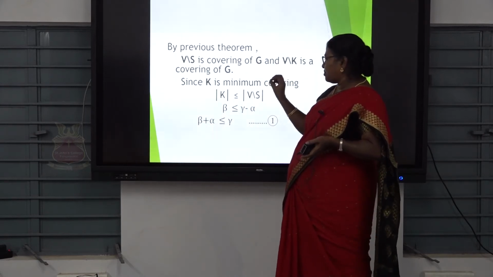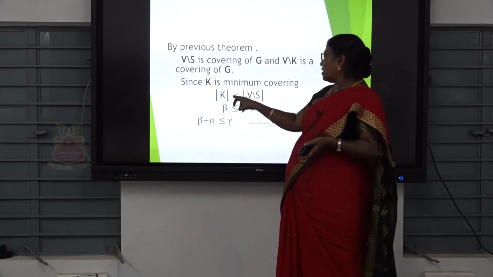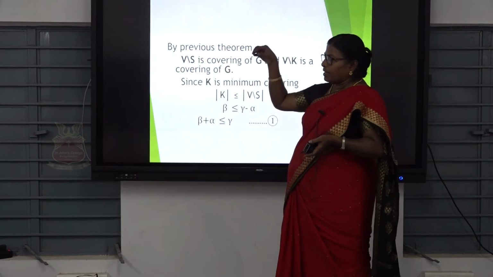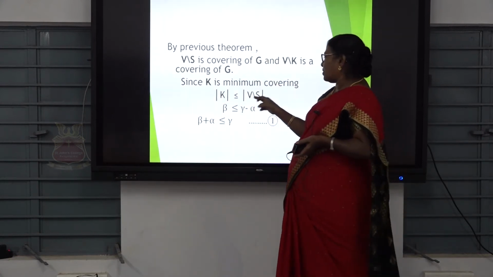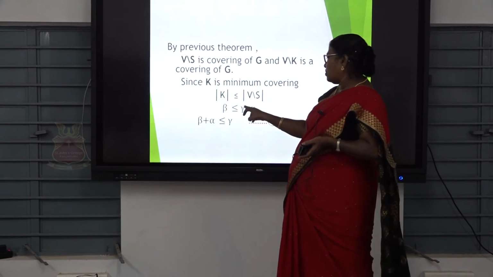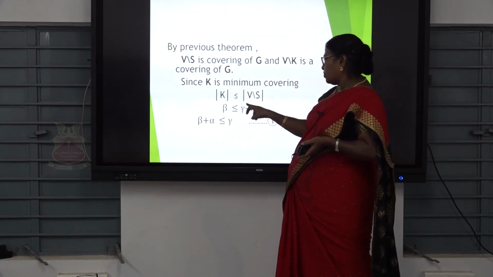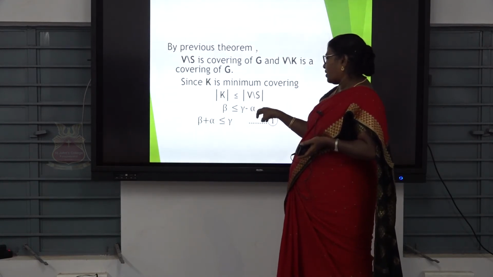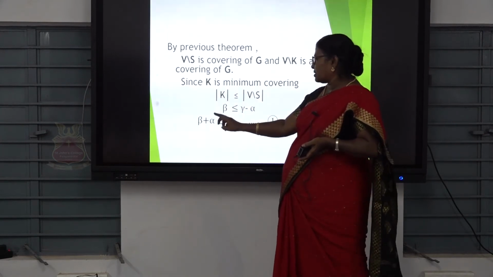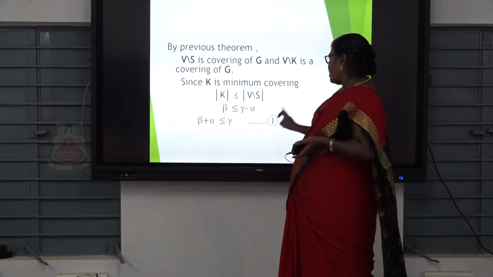But K is a minimum covering, hence mod K is less than or equal to mod V minus S, because a minimum covering will have fewer elements when compared with any other covering. So beta will be less than or equal to nu minus alpha, because V has nu elements and S has alpha elements, so this is nu minus alpha. Therefore, taking alpha to the other side, alpha plus beta is less than or equal to nu. First point.